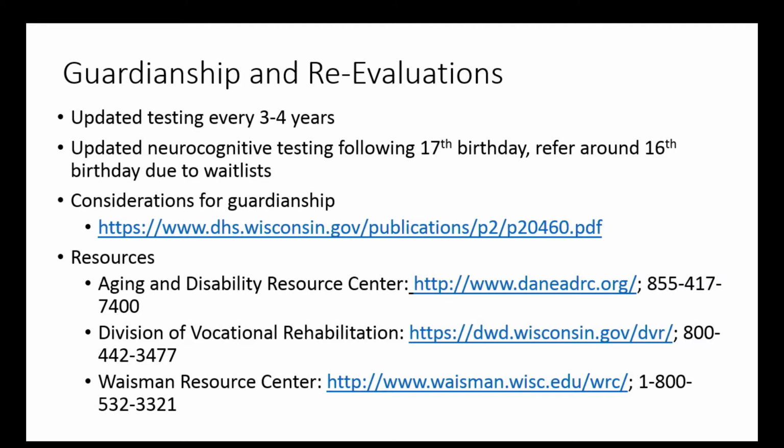I say often because if there are other complicating factors such as autism, then we're able to go through a different avenue with establishing guardianship. And again, I would be happy to send any of these resources to families to help get that process started, or just to have these available for you to start thinking about.